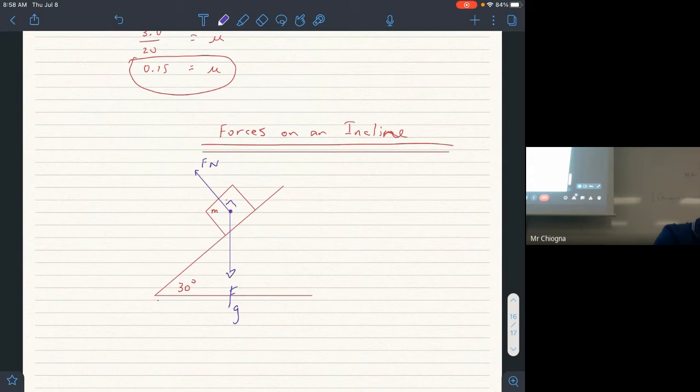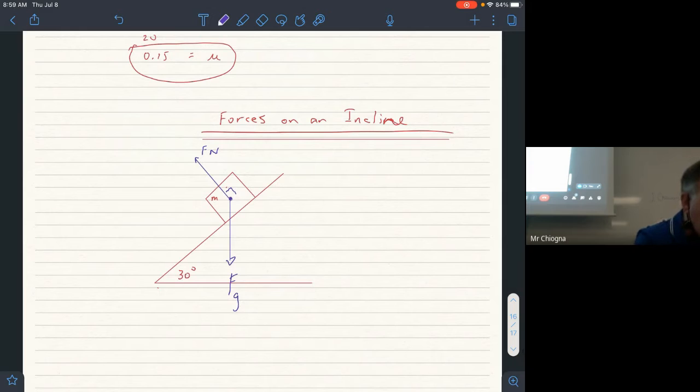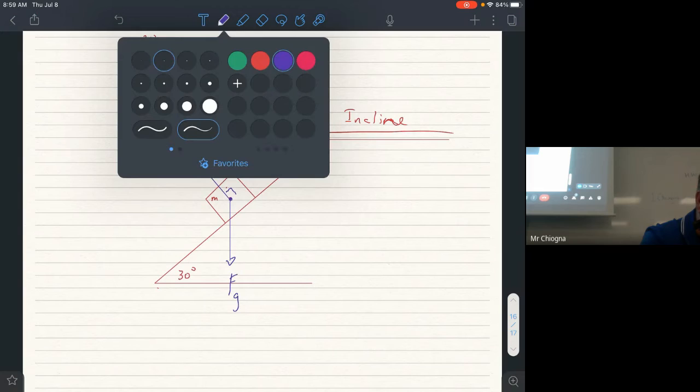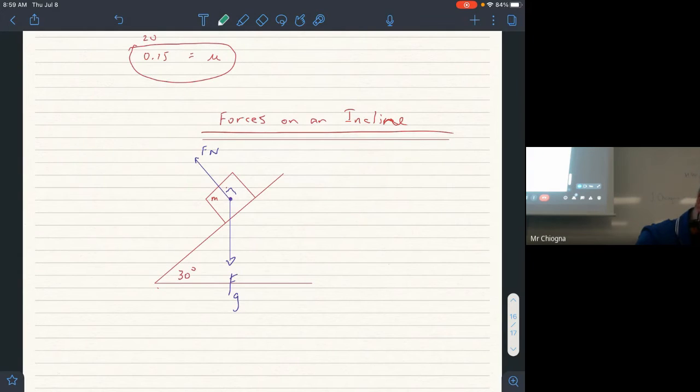Obviously, the normal force is reacting against something. It's reacting against a component of the FG. There's a component of the FG that's perpendicular to the surface.